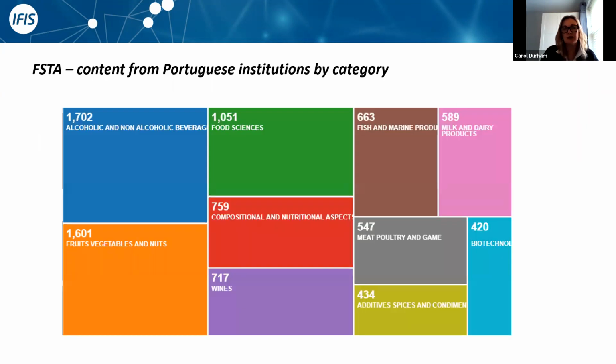Looking at content being published from Portuguese institutions, these are the areas in which people are publishing. Beverages and fruits, vegetables and nuts are the highest there. You can see the breakdown of the food commodity categories on this slide.